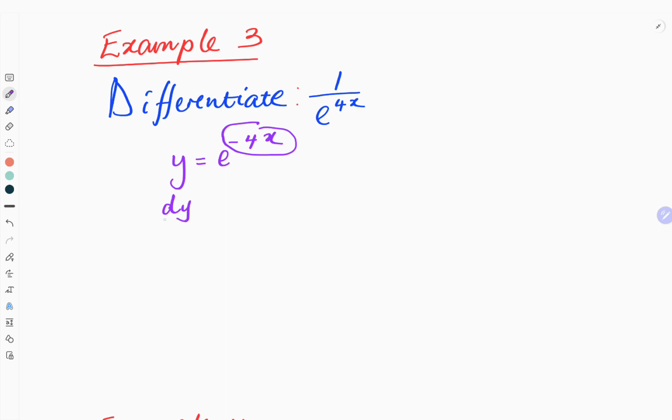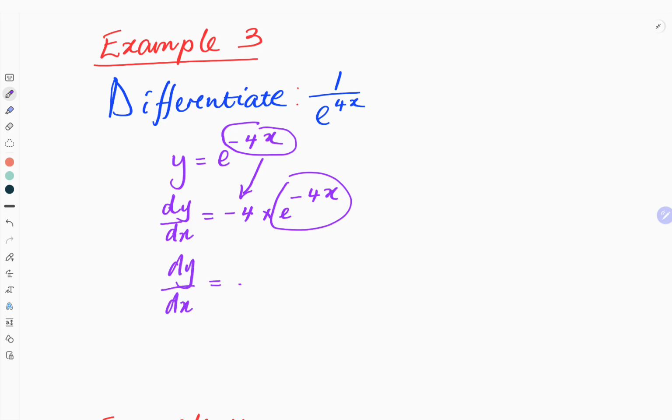The derivative of negative 4x is negative 4, multiplied by e to the power of negative 4x. You just rewrite the whole function as it is here. So dy dx in this case will be equal to negative 4e to the power of negative 4x. And that's how you differentiate this function.